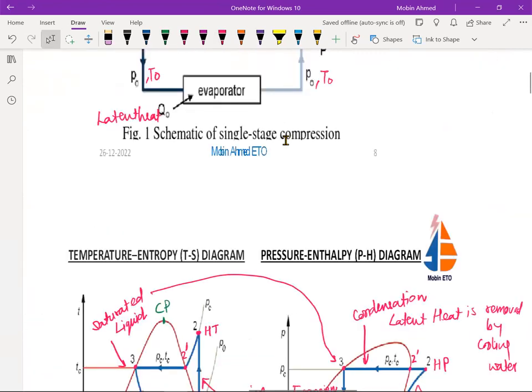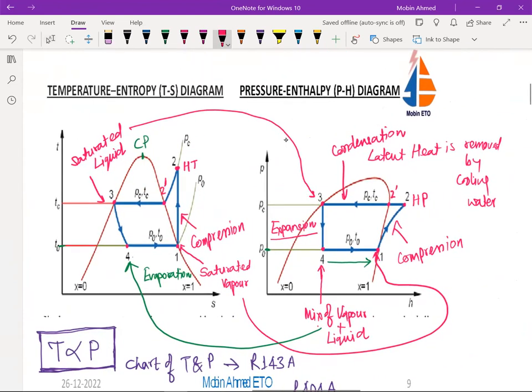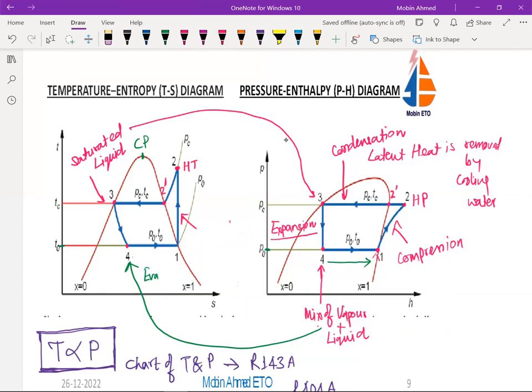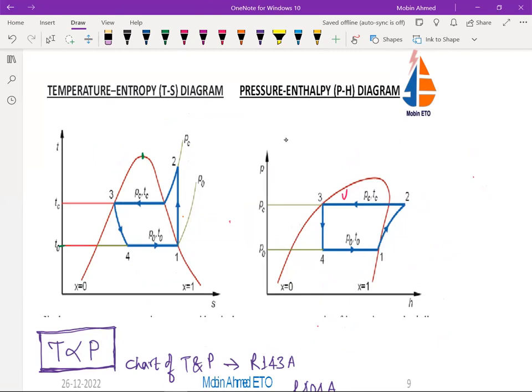Now again come back to this diagram. If we heat up the saturated vapor more, that becomes superheat vapor.